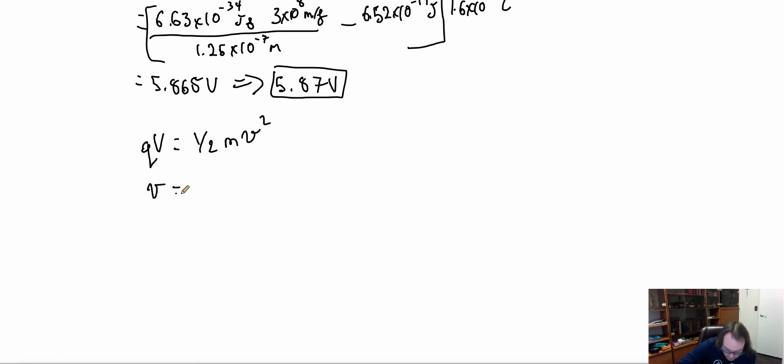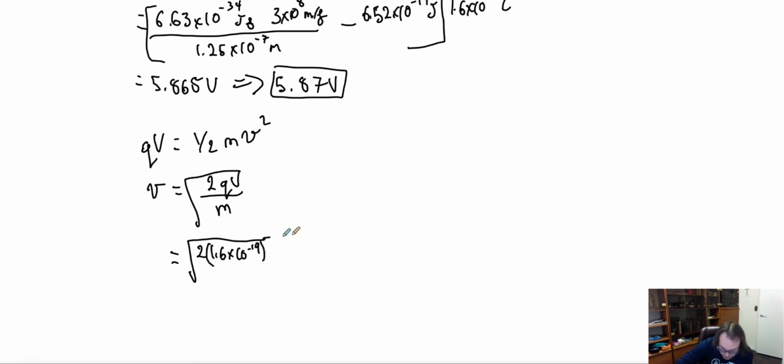So when I do my little rearranging, I'm going to end up getting something that looks like that. Now I could just plug in everything I know. So I'm going to have 2 multiplied by the charge of electron, which is 1.6 times 10 to the negative 19 coulombs, multiplied by my potential difference, which is 5.87.